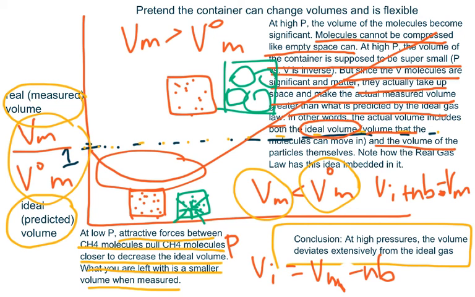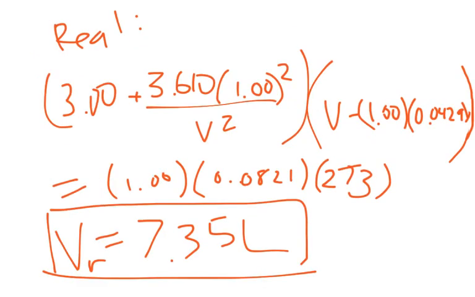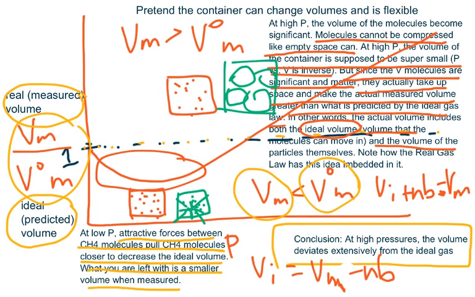Well, yeah, at low pressures, the real volume is less than the ideal volume for many gases, including carbon dioxide gas. And I just kind of proved it here that the real gas volume was lower than the ideal gas volume, and that reflects in the graph.